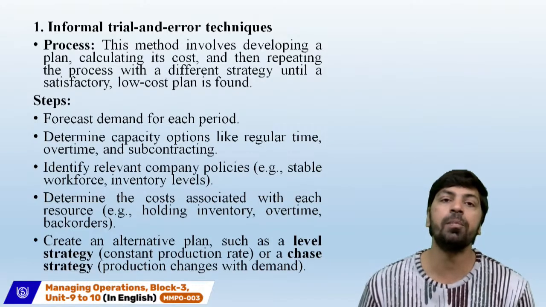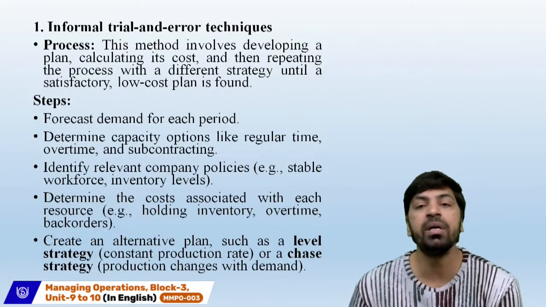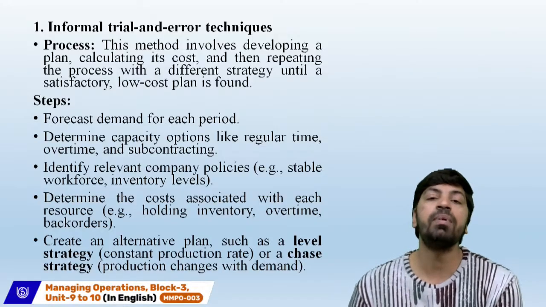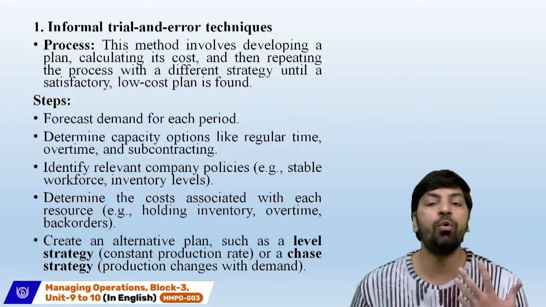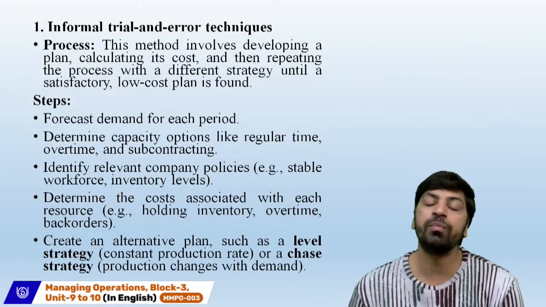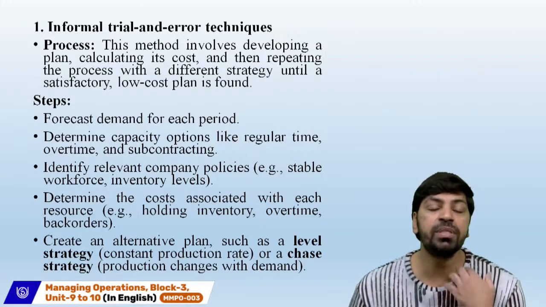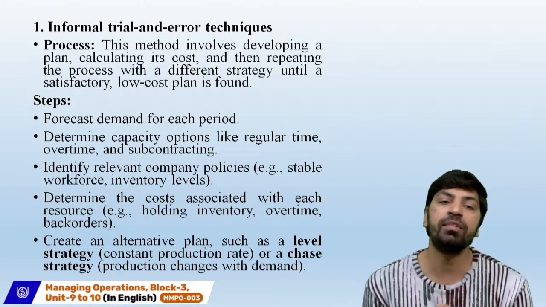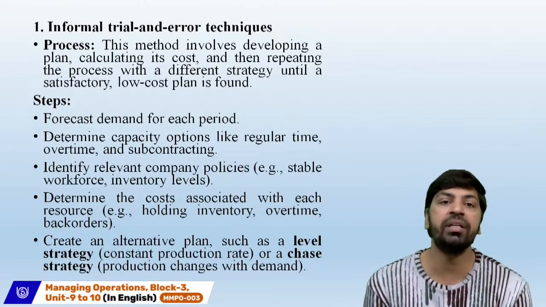The capacity option could be regular time, where the regular time of production goes on, or it could be the overtime of the employees, or it could be the subcontracting of the work. And that would be the second step of the informal trial and error technique.